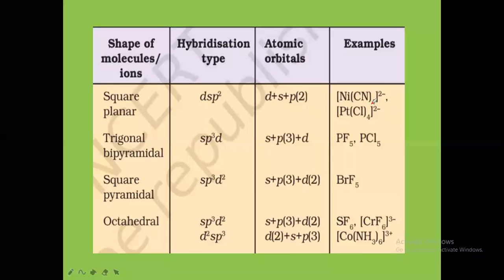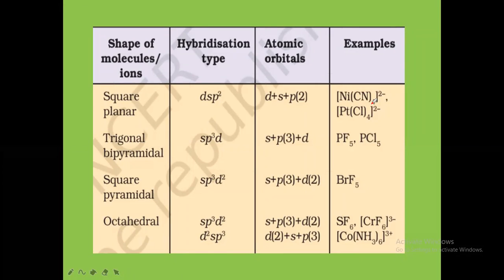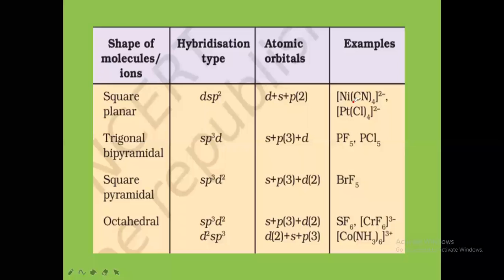Remember, nickel tetracarbonyl is an example of sp3, but Ni(CN)4 2- is dsp2.